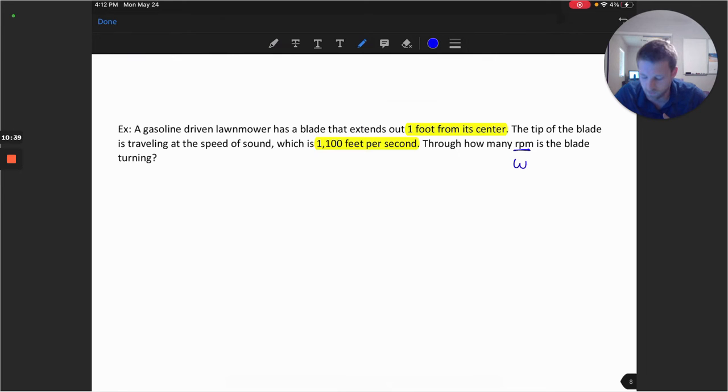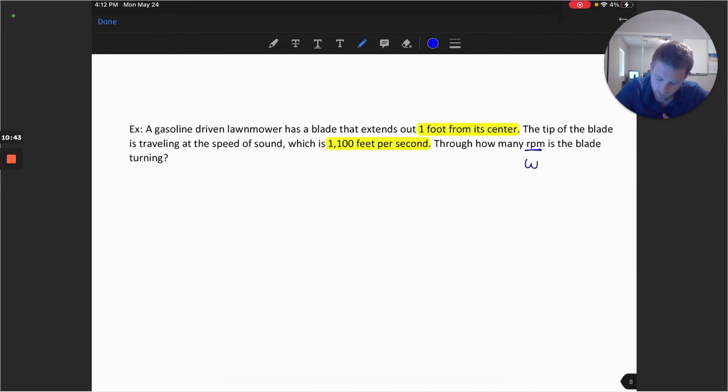The blade is traveling at the speed of sound with a 1 foot radius. So if I consider a picture, the blade extending out is just 1 foot, and I'm going at a linear speed of 1,100 feet per second.